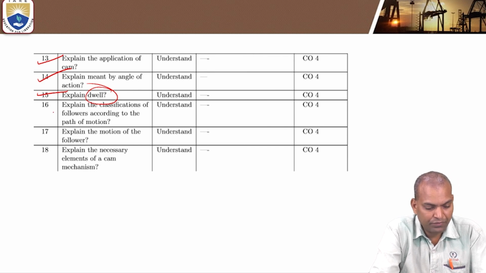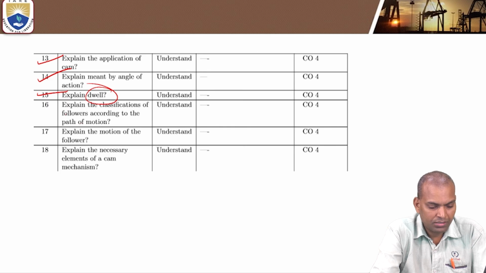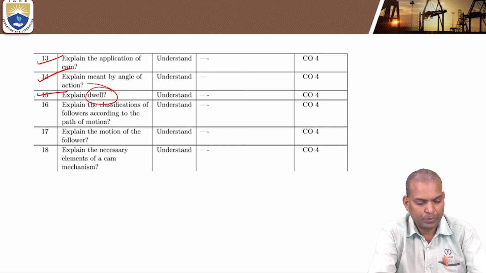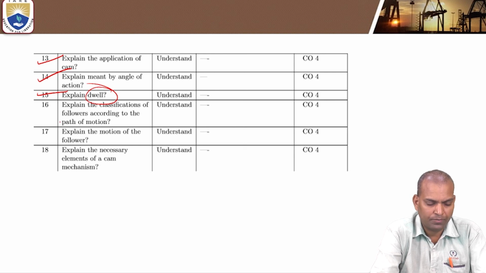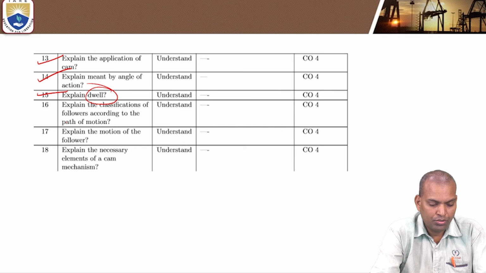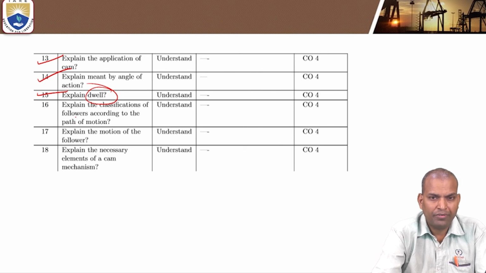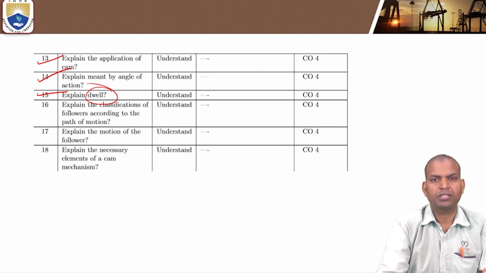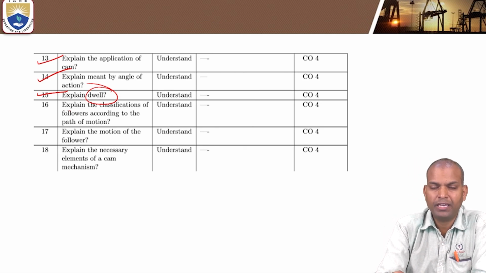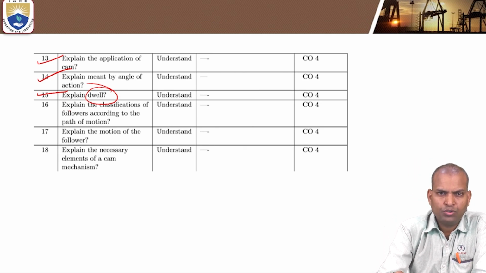Next, explain the classification of followers according to the path of motion. If the followers have a motion of uniform velocity, and the shape of the follower is knife edge, then it is a uniform velocity knife edge follower.